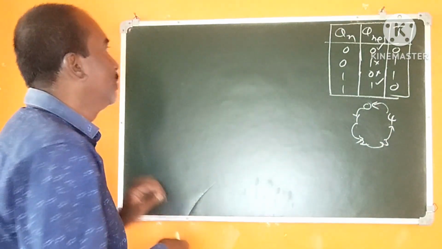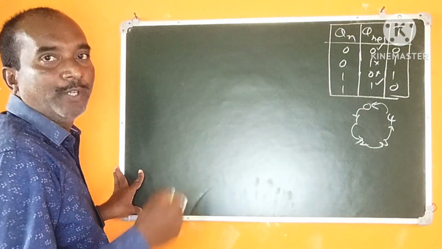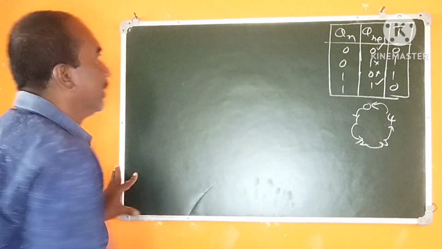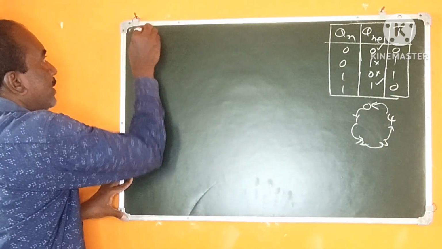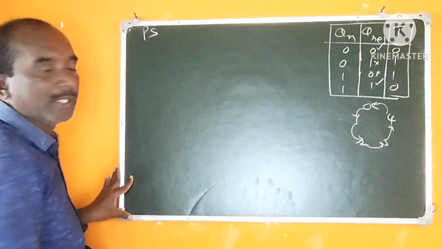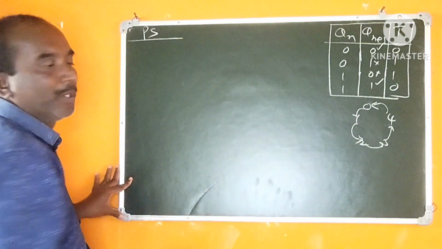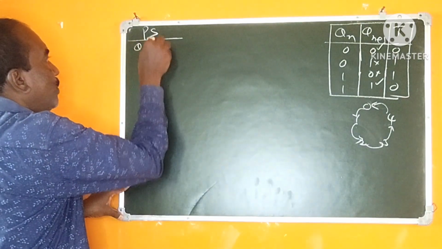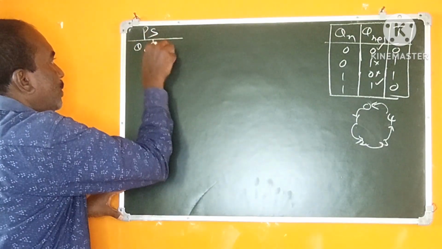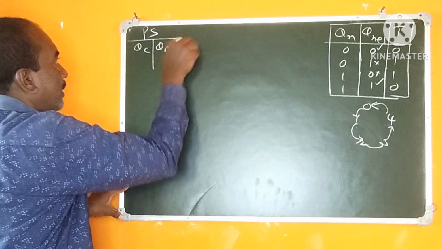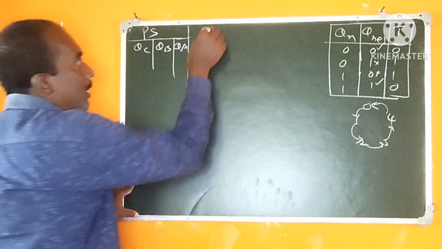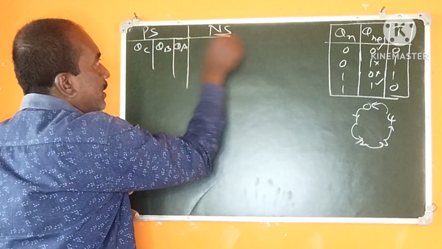So let me design the mod 5 counter by using this T flip-flop. The present state is represented by PS. Let A, B, C be the 3 flip-flops. The present state is QC, QB and QA. The next state is represented by NS.